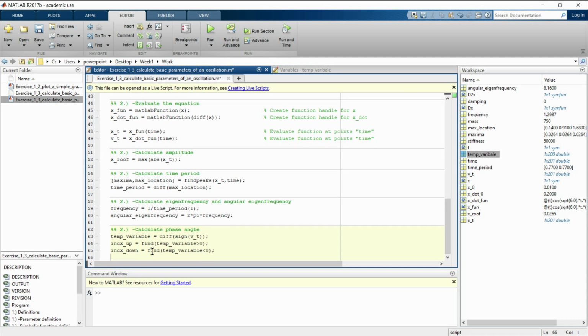And of course, we don't want to have only the indexes, but we want to have the exact time where you have that crossing. And therefore, we can just define a variable which gives us the corresponding time to the indices.